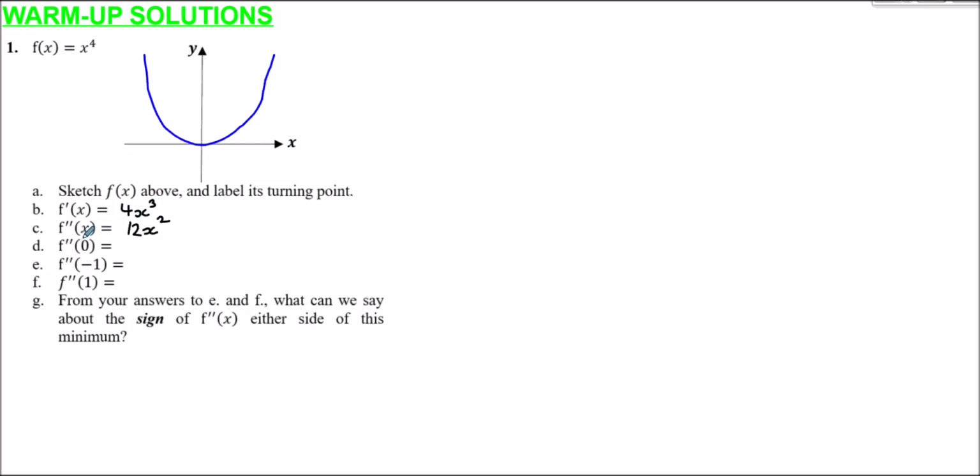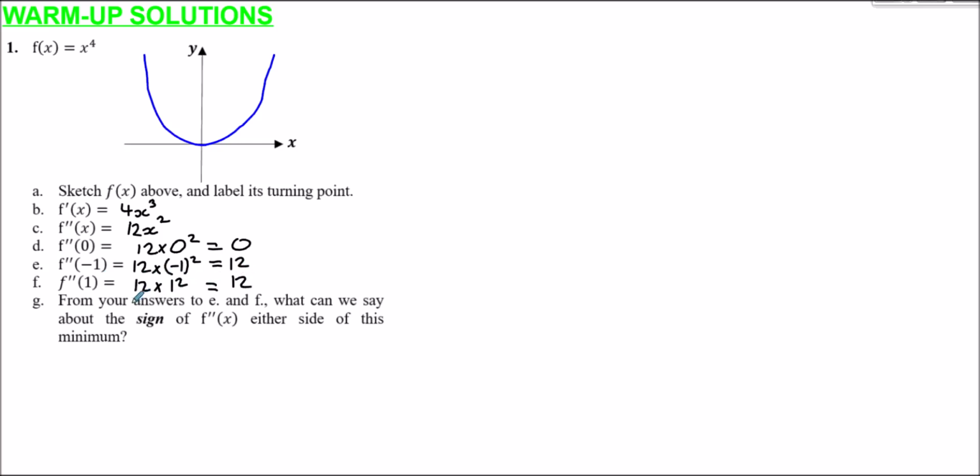The second derivative when x is 0 is therefore 12 times 0 squared, which is just 0. The second derivative when x is minus 1 will be 12 times minus 1 squared, which is 12, and similarly when x is positive 1, we have 12 times 1 squared, which again is 12.